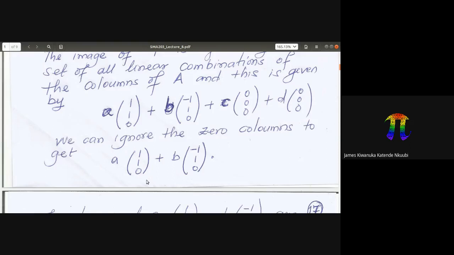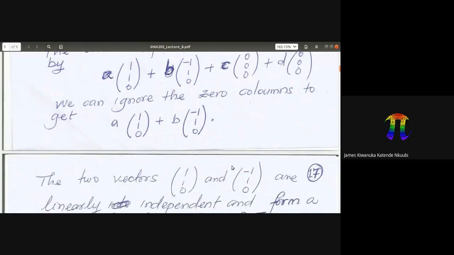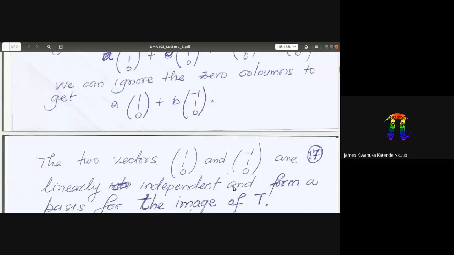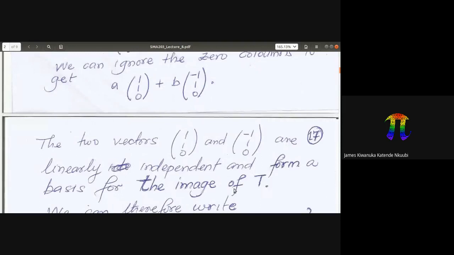So the image is made up of all linear combinations of these vectors. These two vectors are clearly linearly independent, and you can confirm that. Therefore, they are linearly independent, and they span the image, and therefore they form a basis for the image. They span the image because we have established that any vector in the image must be a linear combination of these two vectors.